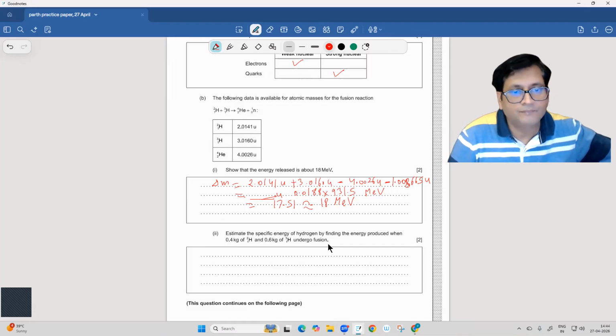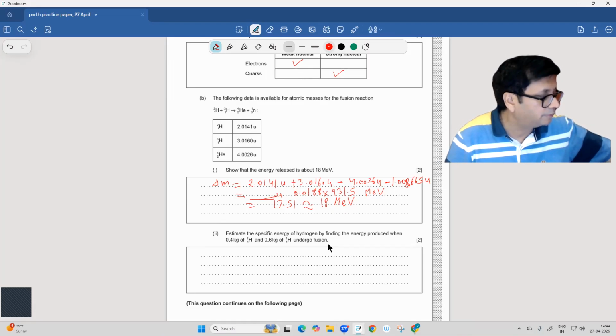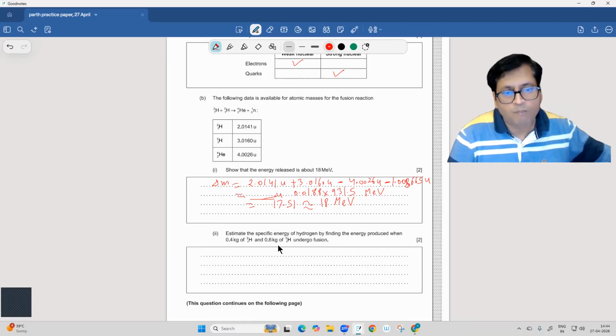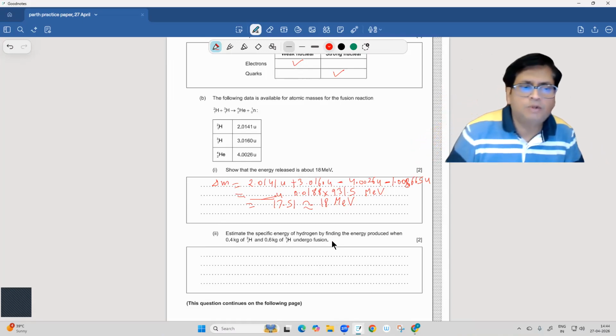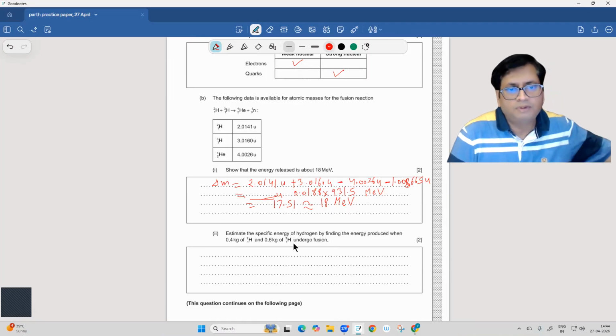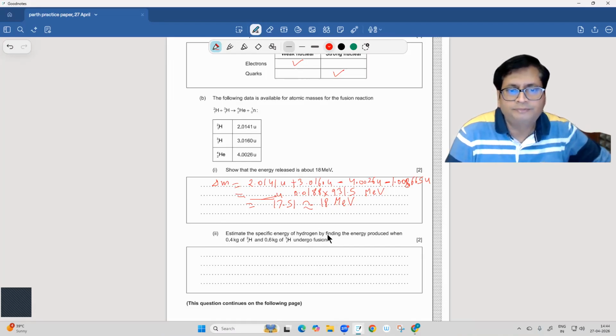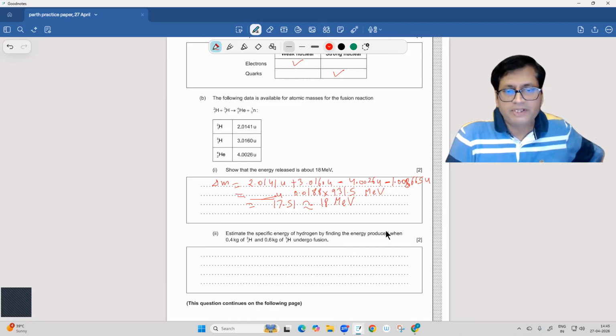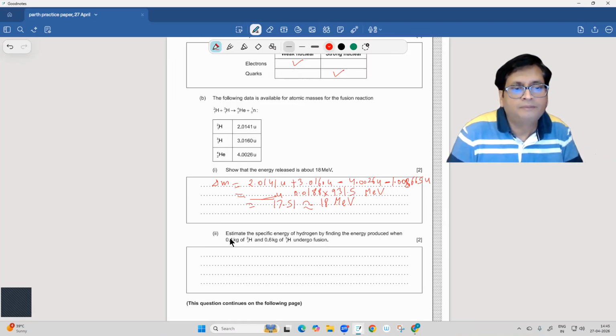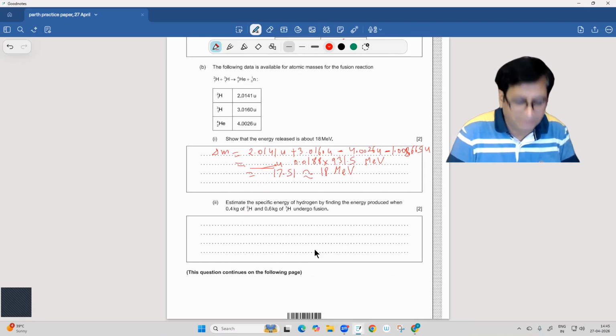I don't know. Maybe it's talking about binding energy per nucleon. But per nucleon, hydrogen is only one, right? No, but it's just saying hydrogen, not hydrogen 1 or 2. We will see this later, let's move ahead.